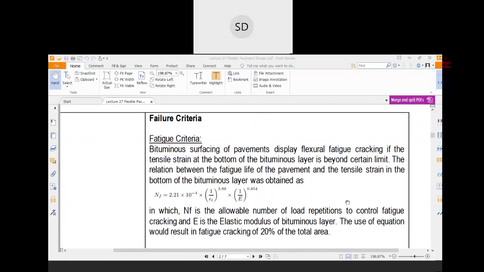Now coming to the next question, there are two failure criteria for the flexible pavement. One is the fatigue criteria and another one is the rutting criteria. Now the fatigue criteria say that bituminous surfacing of pavements displays flexural fatigue cracking if the tensile strain at the bottom of the bituminous layer is beyond a certain limit.